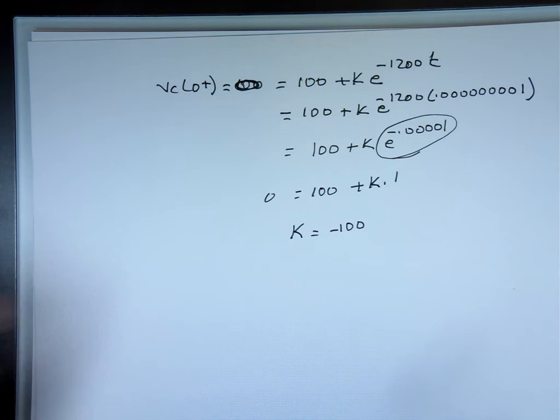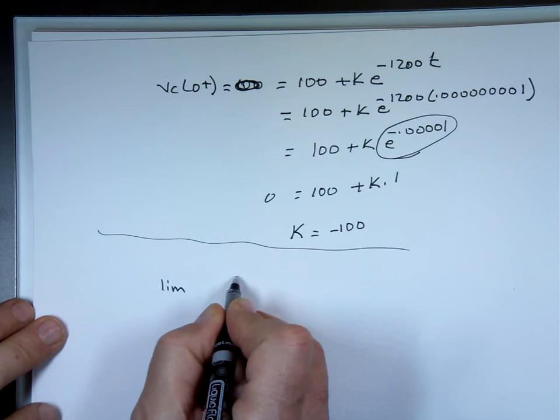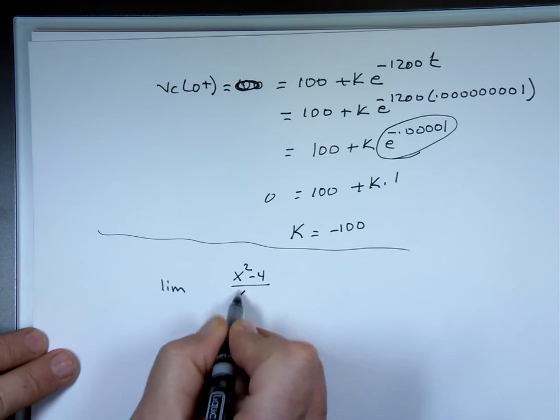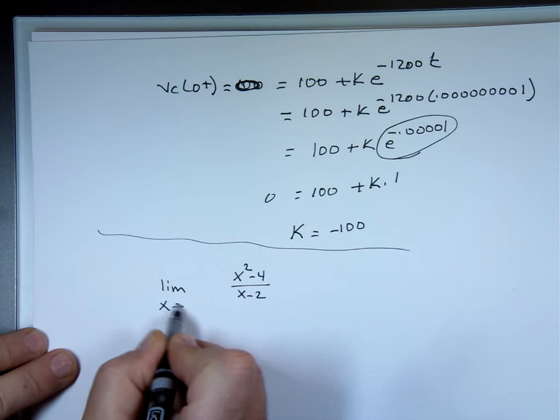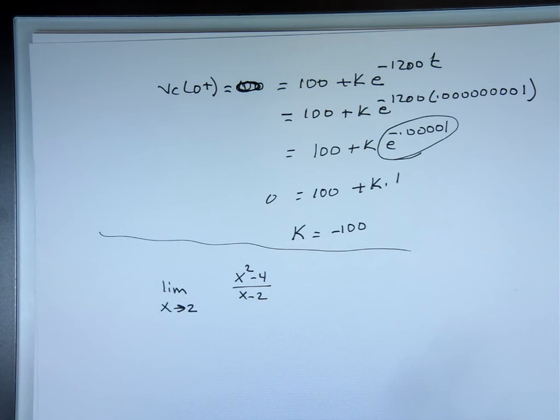Just like when you do the limit. Remember, what's the limit of x squared minus 4 over x minus 2 as x approaches 2? If you let x be 2, you get 0 over 0. You can use a table, looking at it from the left side and the right side: 1.99999, 2.001, 2.0001, keep looking closer.